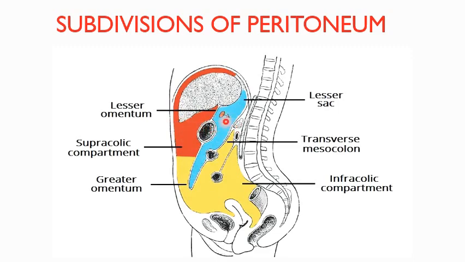This brown and bluish thing what you are looking at here, they are the supracolic compartment, and this whole yellow thing what we are looking at beneath the transverse colon and its mesocolon, this whole yellow thing is the infracolic compartment. So the peritoneal cavity is divided into a supracolic, and whatever it is beneath the transverse colon and its mesocolon becomes the infracolic compartment.